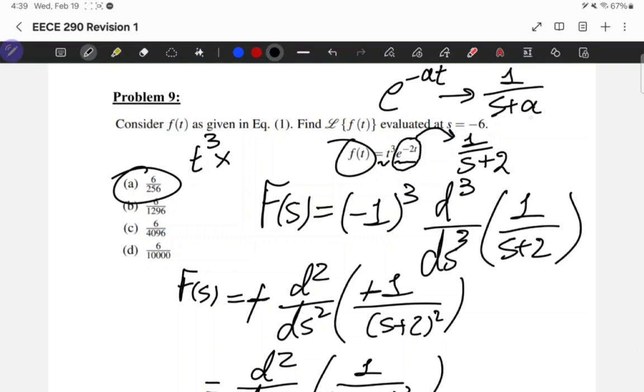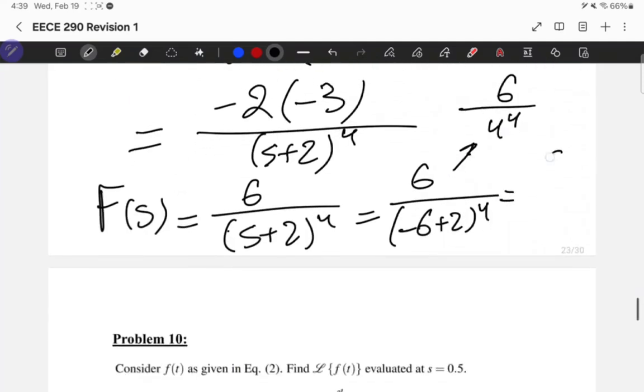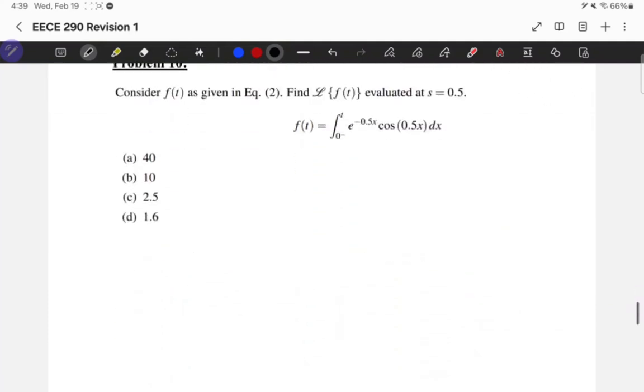An exponential will cause a shift in s. And if I multiply my function in time by t cubed, I do the derivative 3 times in here and multiply by a minus sign due to (-1) power 3. So my answer is A. This is 6 over 4 cubed, so 6 over 256.